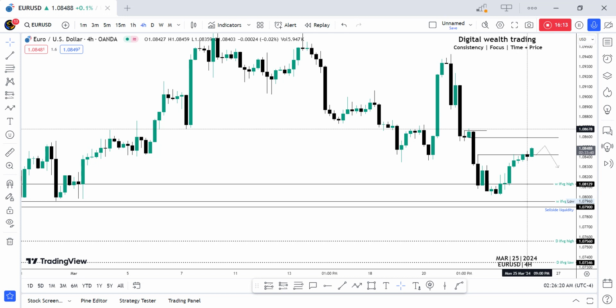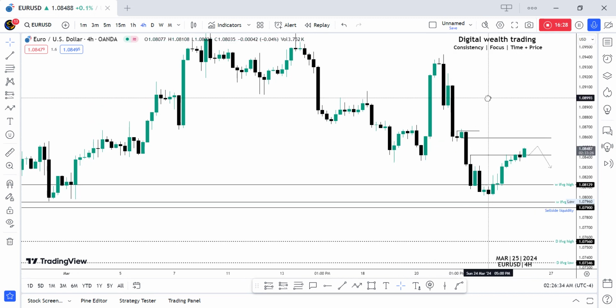I am also anticipating the bearish breaker inside the fair value gap to be utilized. That is this bearish breaker. So that's all we have on this.